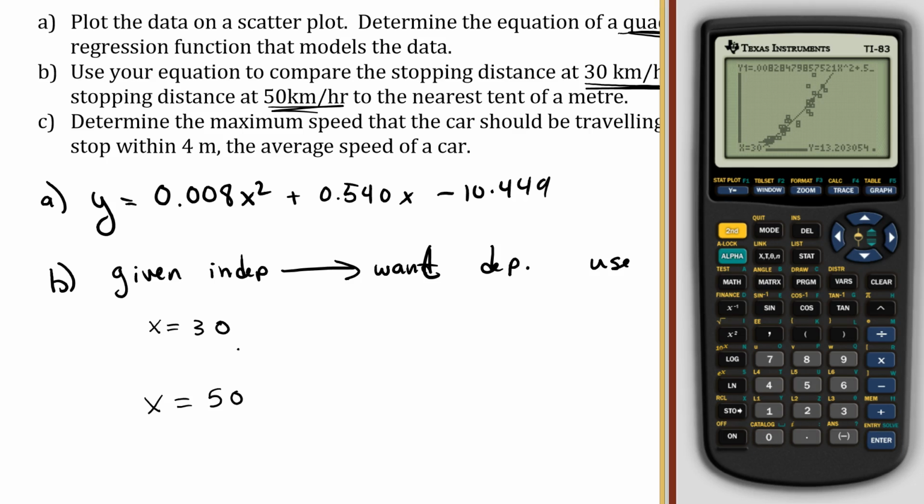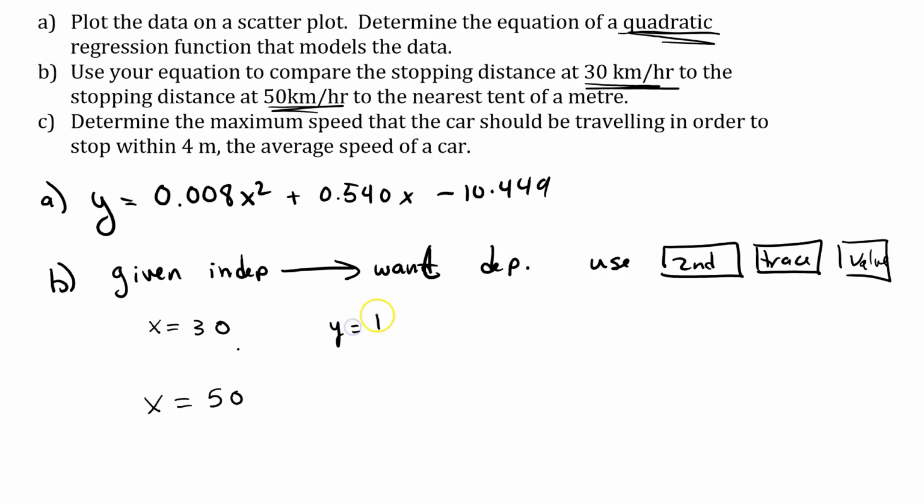And it says right here that our stopping distance will be 13.203. So y equals 13.203, and that's in meters. So that's how much we need to safely stop or come to a complete stop.